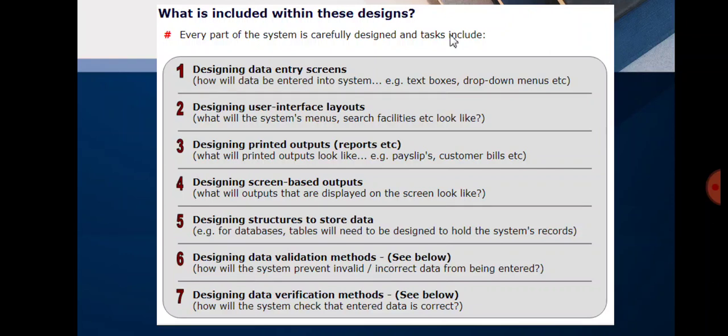So what should be included in the system design? First of all, the output, like the visual screen, how it will look, the user interface layout, printouts and how the printout will look, screen based output, the structure of the data, where the data is to be stored, what software can be used, etc. Designing the data validation method and data verification method.